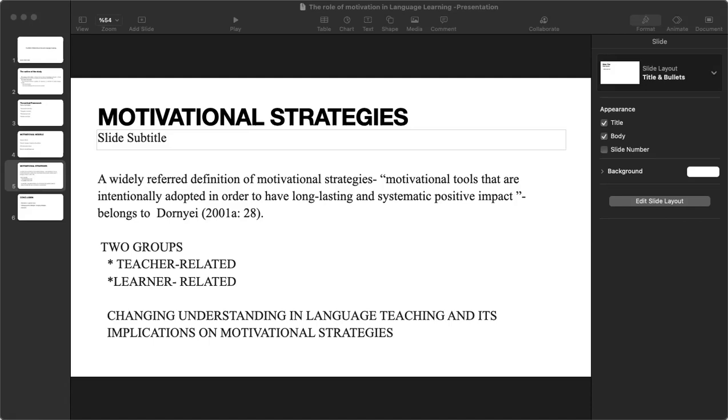And here maybe one of the most outstanding changes is in the understanding of the role of teachers and the role of students, the role of learners. That's why it is important to give learners opportunities to make their own choices, have a word about their own learning process, become more active participants in the learning process, which all refer to the importance of autonomous learning, which the motivational strategies should cover.